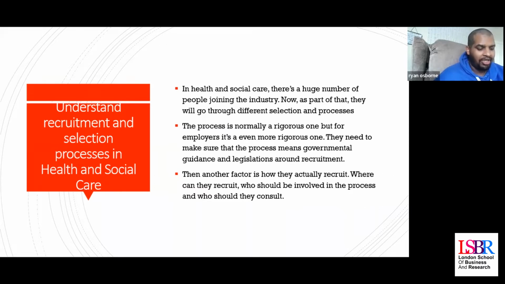You will see in the news every day notifications that they are looking for staff, new people to come on board, or staff that are leaving, and they want people to come and replace those that have left.